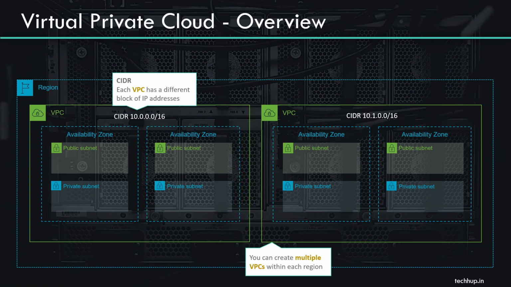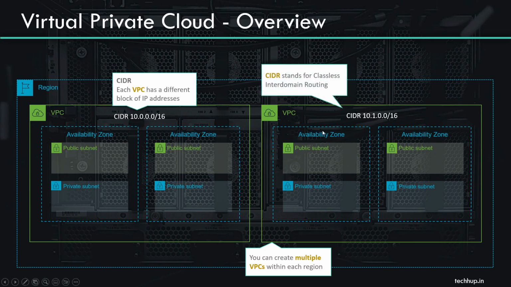Each VPC has a different one of these. In this case, we have two VPCs, so they will have different CIDR blocks, as you can see here. As you learned in the earlier lesson, CIDR stands for classless interdomain routing.